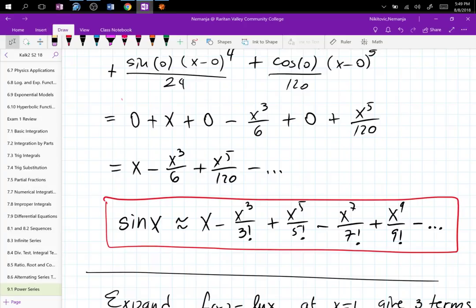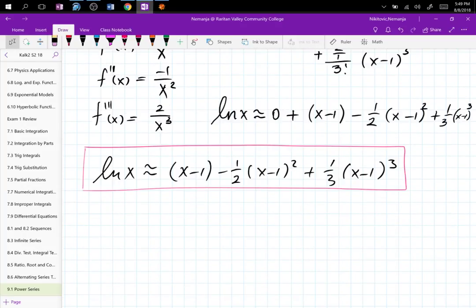Great. Now again, why is this good? Well, this approximation is a polynomial calculation that you can do with a stick in the sand, right? With a stick in the sand, you can calculate ln of 0.9, ln of 1.3, ln of 1.275, anything close around 1, because your power series is centered at 1, so this approximation is valid a little bit to the left and a little bit to the right.